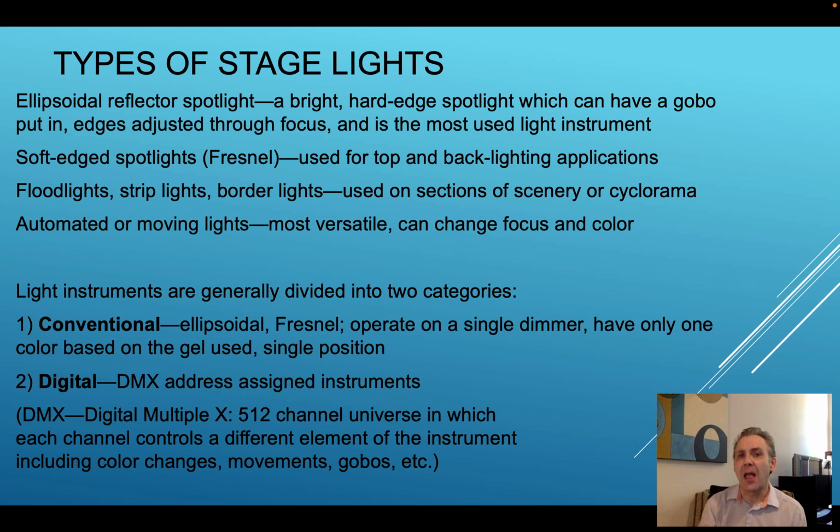A Fresnel is usually a much shorter, boxier light, and it's used for top and backlighting positions. Then we have floodlights, strip lights, border lights. These are typically longer lights that are used to illuminate large sections of scenery or cyclorama.